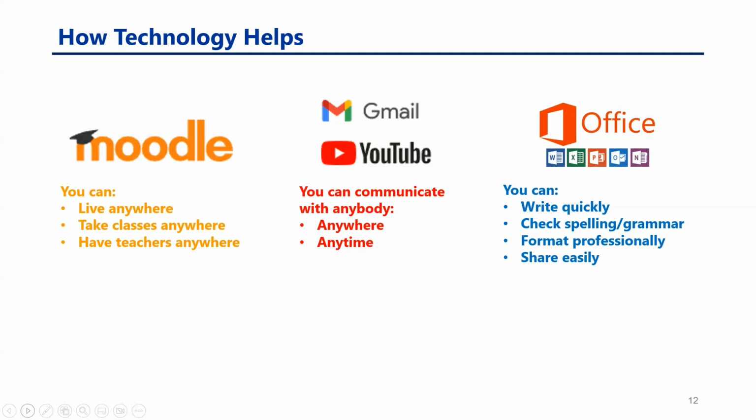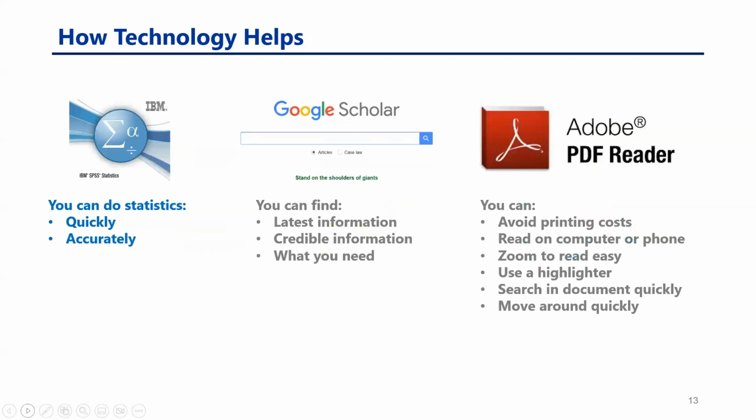When you use editing software like Microsoft Office or LibreOffice, you can write quickly, use the software to check spelling and grammar, format your papers professionally, and share soft copy documents easily. When you use statistical software like SPSS, Minitab, or JMP, you can do statistics quickly and accurately.